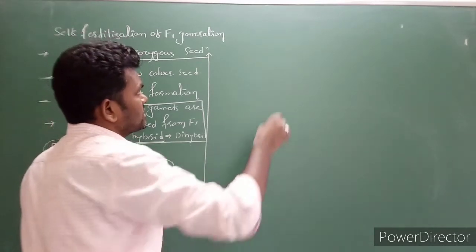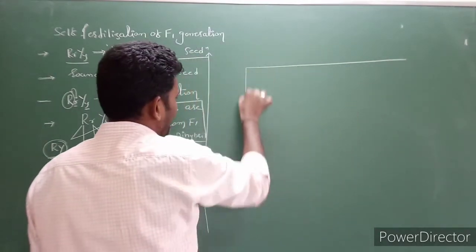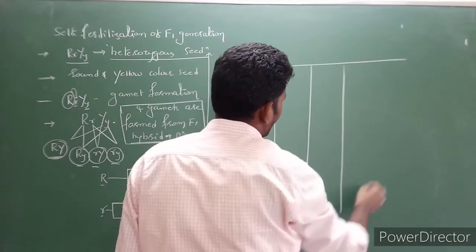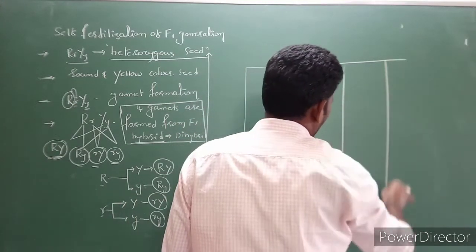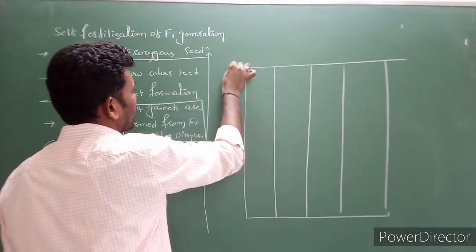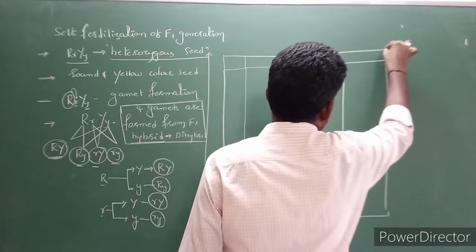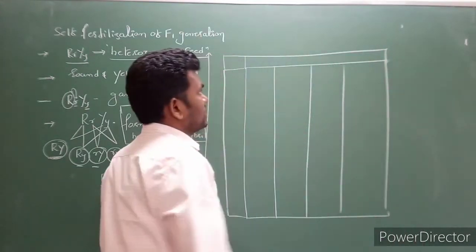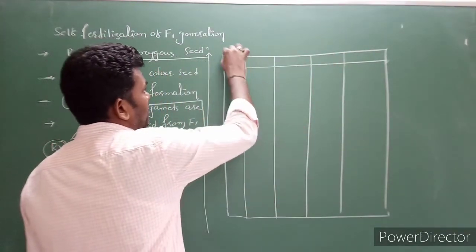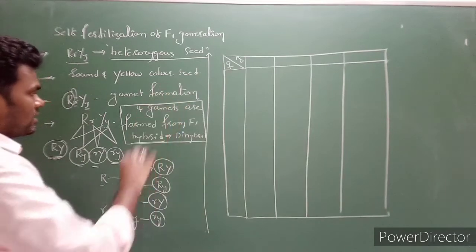So just make this Punnett square like this. He made one Punnett square. Here the male gametes are taken, and here the female gametes are taken. Female plant gametes are taken.